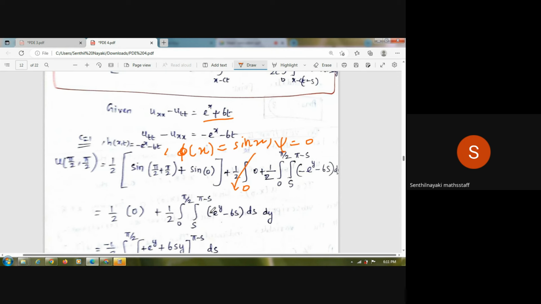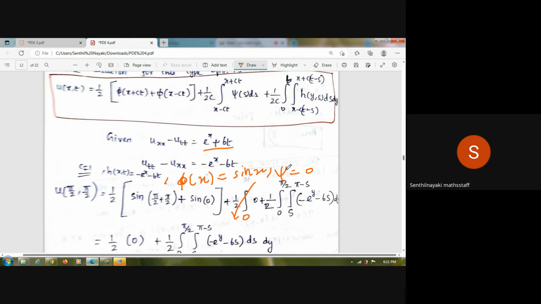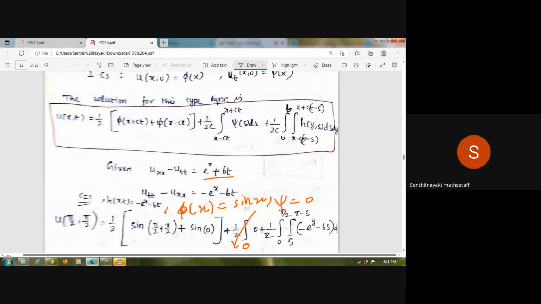So 1/2 ∫ from 0 to t, with t value π/2. So here c equal to 1. Let us discuss how we can find this value. Here c value is 1. Next, the x value is π/2.